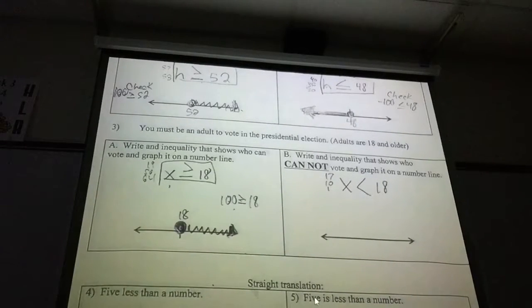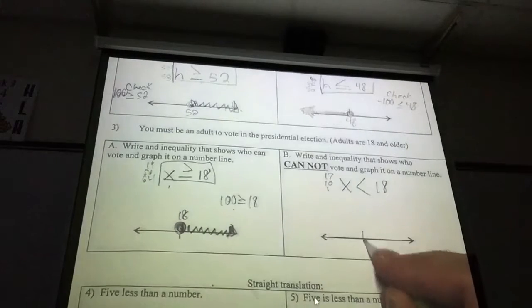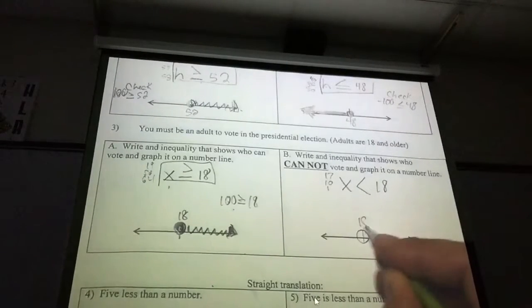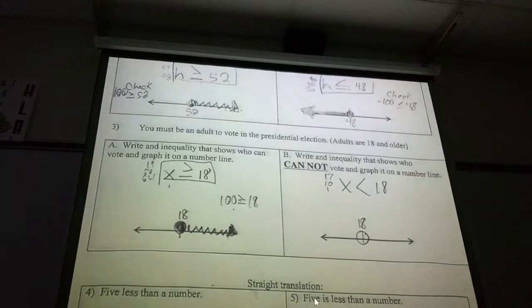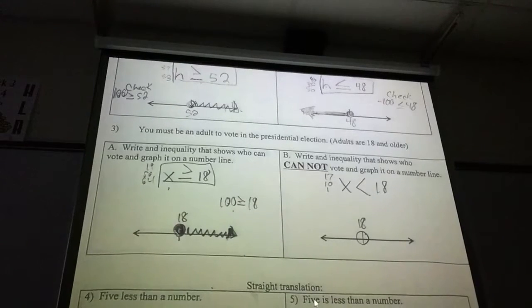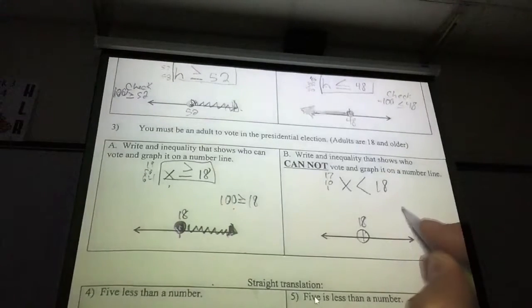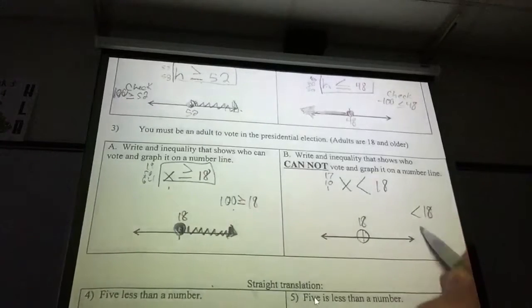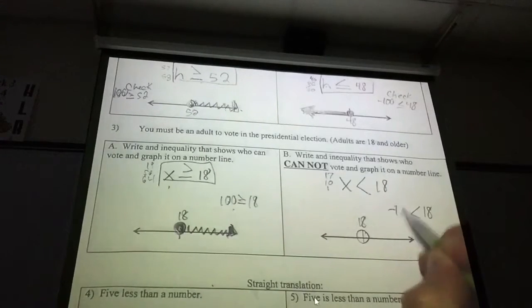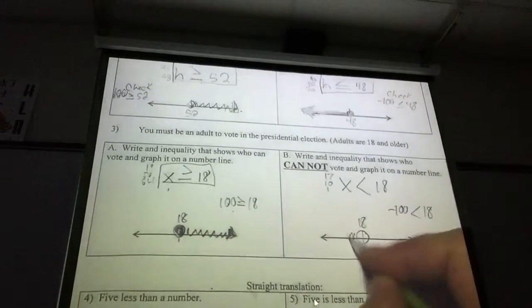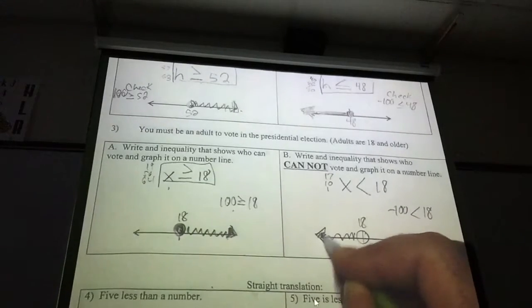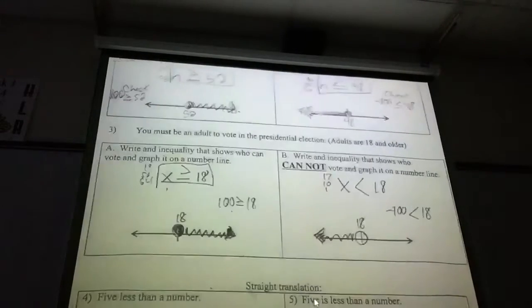So for this one, we're going to put 18 with an open circle because 18 is an adult. We're trying to put a graph that would show who's not an adult. So what's less than 18? Well, negative 100 is less than 18, and negative 100 is this way.